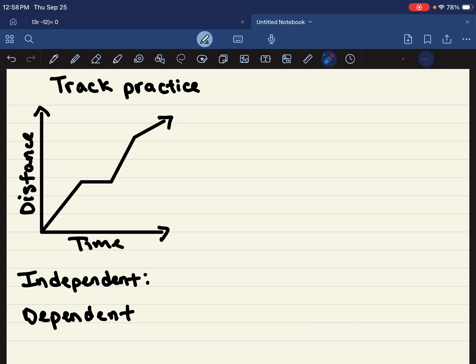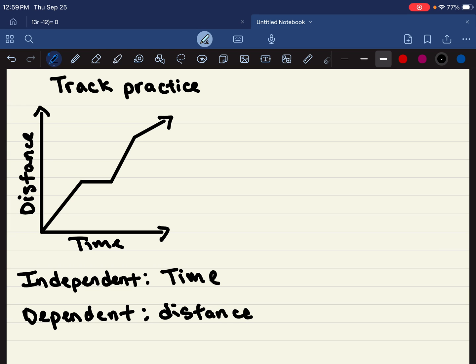So this is giving us a graph of runners running during track practice. What value is represented by time? X. And what is represented by distance? Y. Okay, so knowing that, what would be our independent variable? The X, which is what? Time. So time is our independent, which means our dependent would be distance.